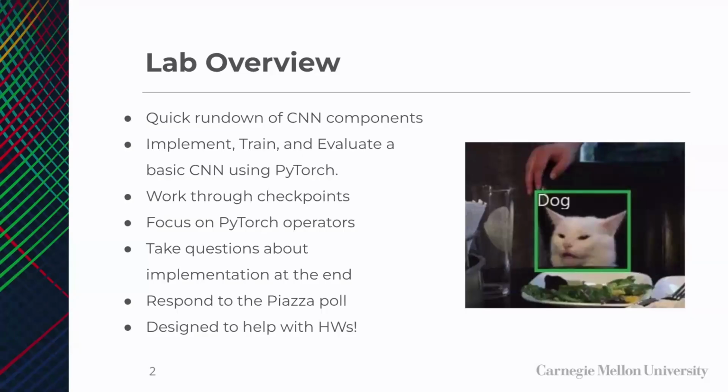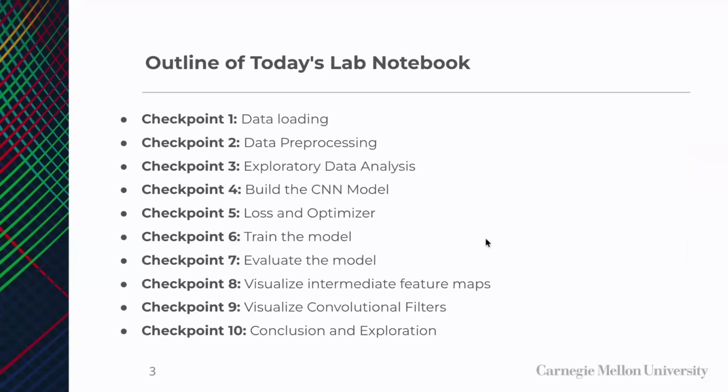You can move to the next. Yeah, okay. For today's lab, we will start the lab notebook, the codes. We'll start with the first checkpoint, which is about data loading. The second one is data preprocessing. The next one is exploratory data analysis. And then we continue with checkpoint number 4, which is about building the CNN model.